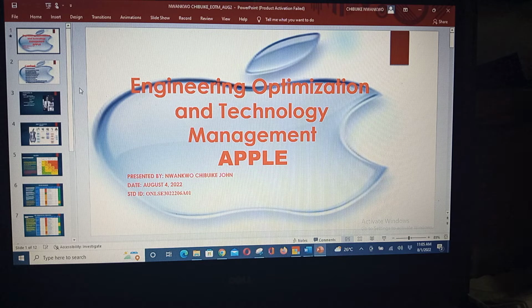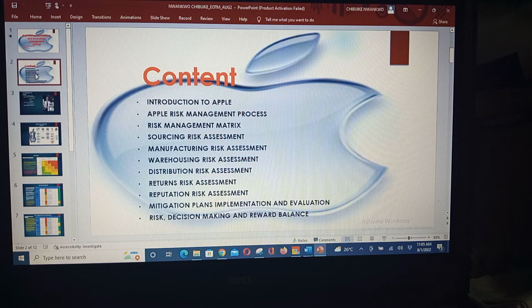At first, I will take us through the table of content without spending much time here. The content covers everything that I'm going to be saying in this slide, ranging from the introduction to the risk decision making and reward balancing.